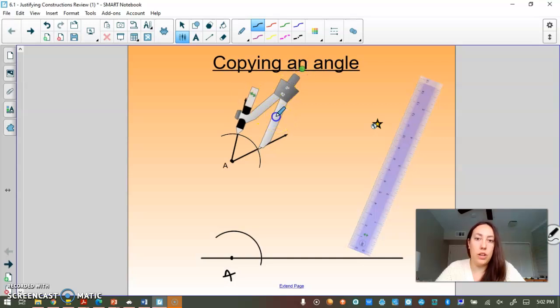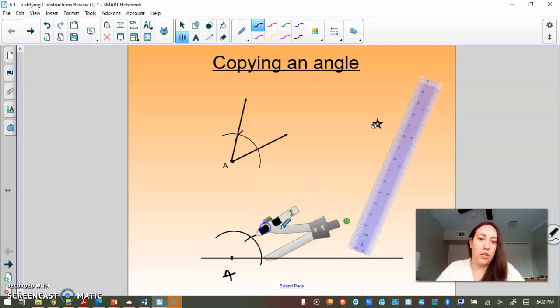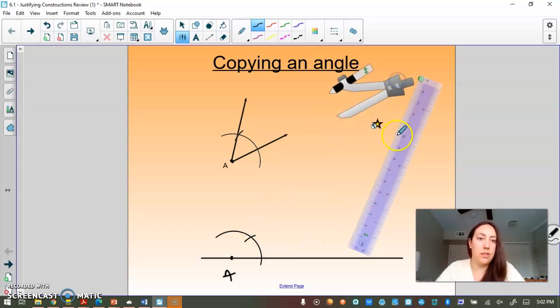So we've used our compass here to measure how big our angle is. And then once you measure that, you can take the sharp point, move it down to your new angle that you're going to make, and draw that same arc. So we know our angles will be the same size.